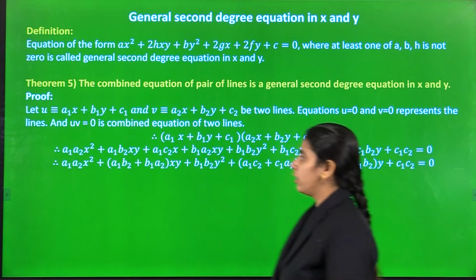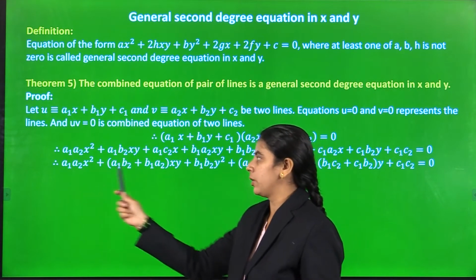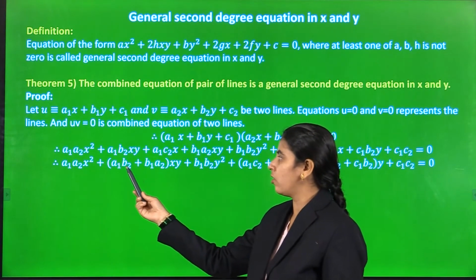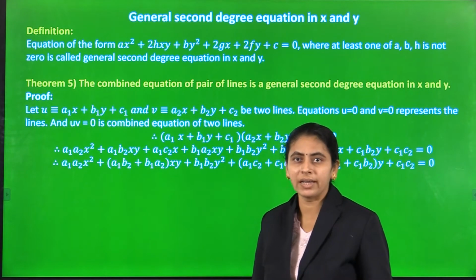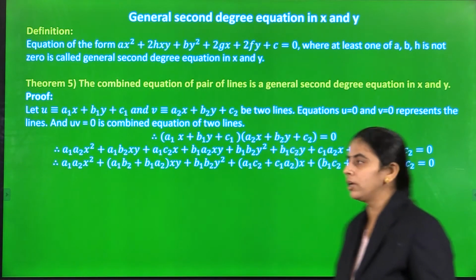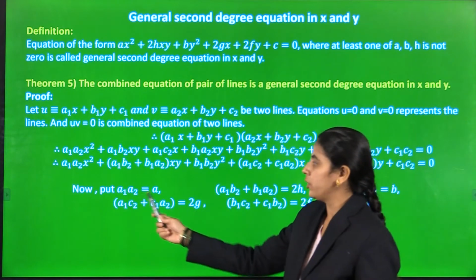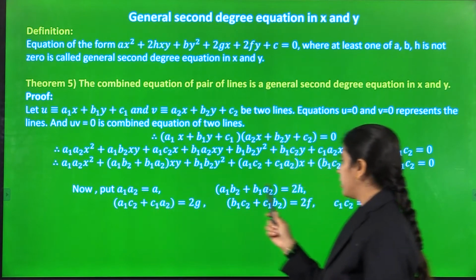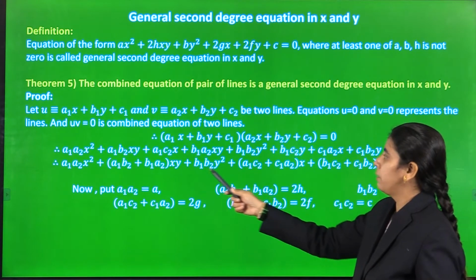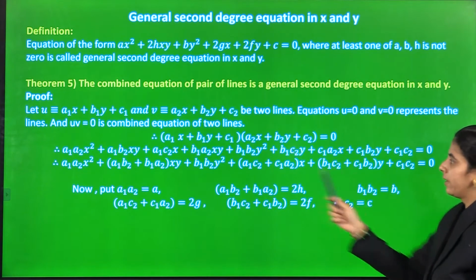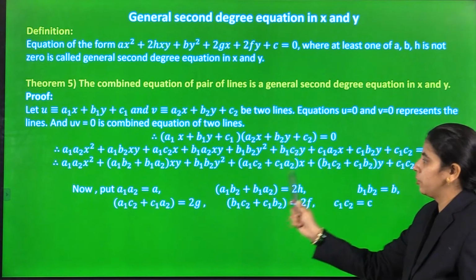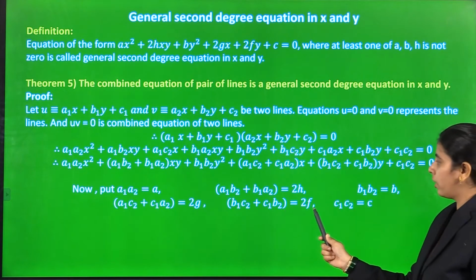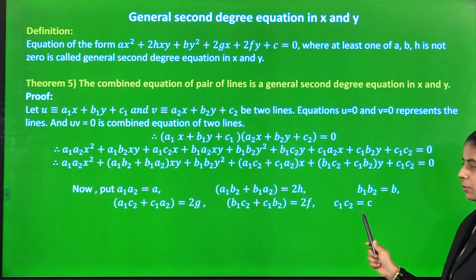Now you find that a1, a2, b1, b2, c1, c2 are all constants. A combination of addition and multiplication of constants is again a constant. For that we put a1 a2 equal to small a, a1 b2 plus b1 a2 equal to 2h, b1 b2 equal to small b, a1 c2 plus c1 a2 equal to 2g, b1 c2 plus c1 b2 equal to 2f, and c1 c2 equal to c.